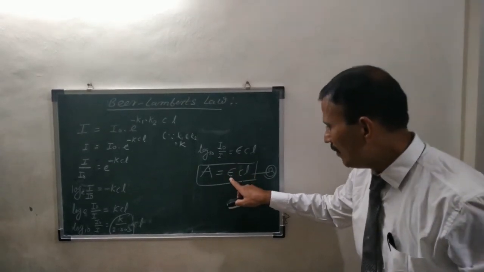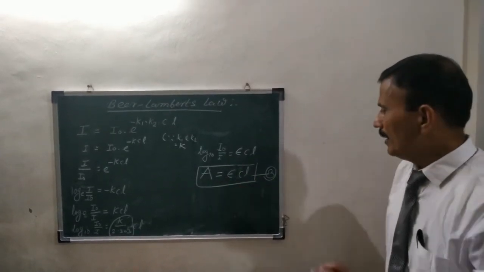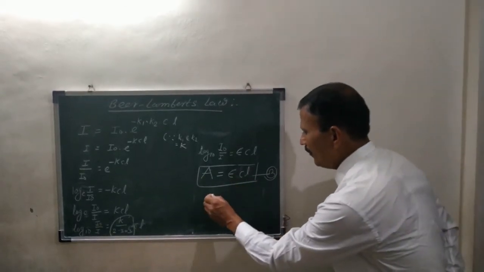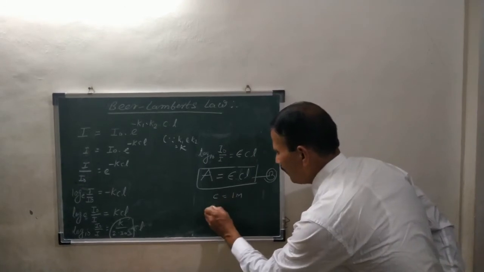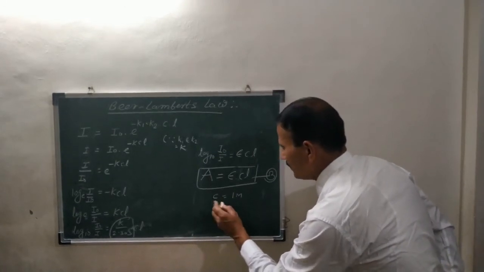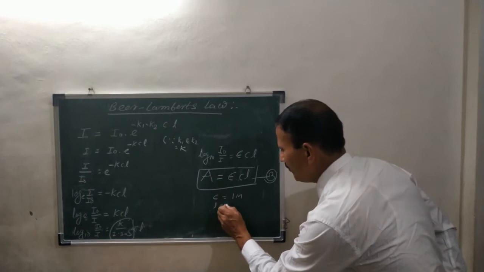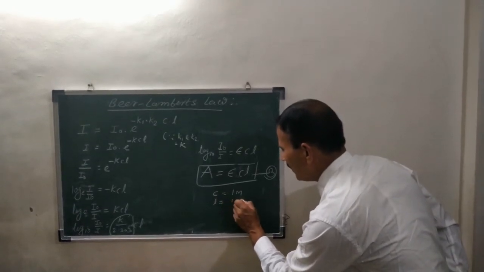Here epsilon tells us about the molar absorption when the concentration of the solution is 1 molar and the path length of the cell or cuvette used for the measurement is 1 centimeter.